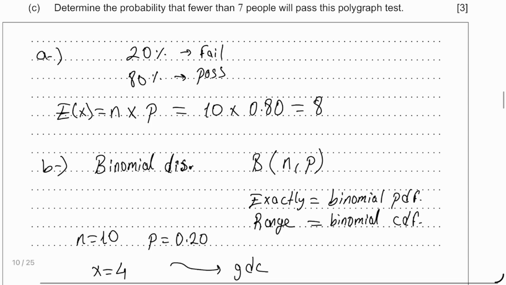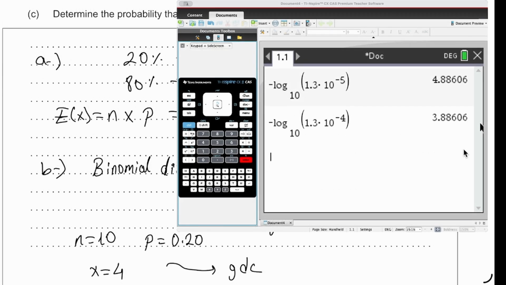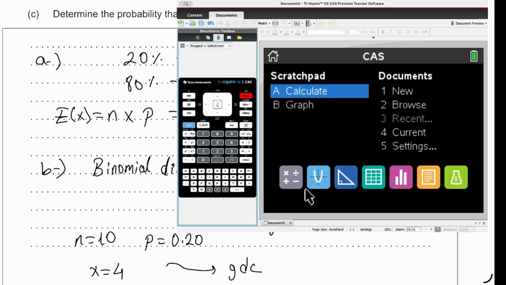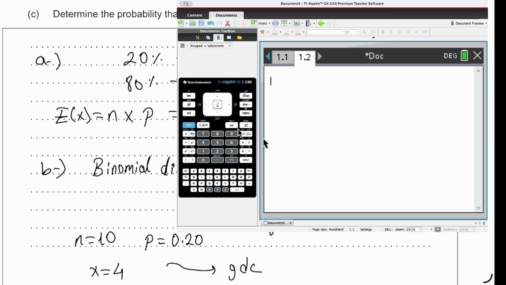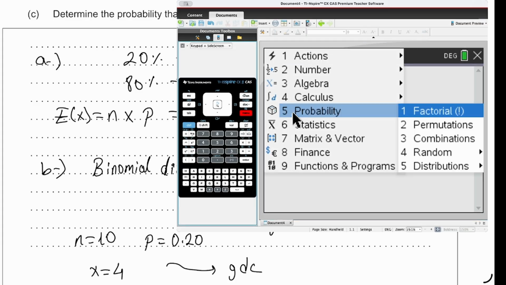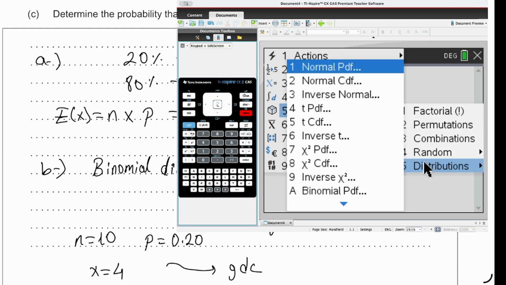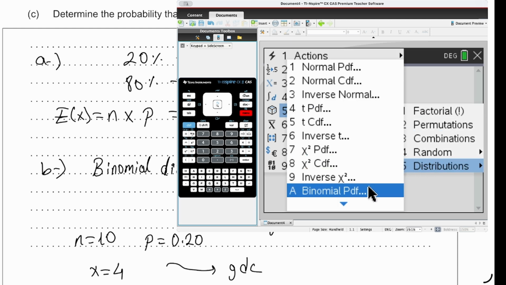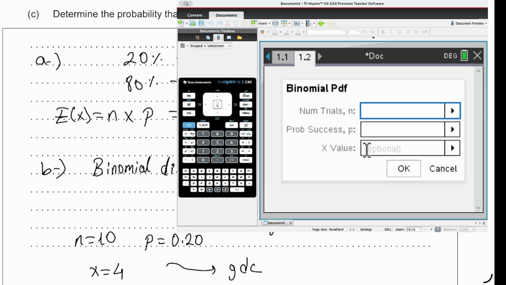So we're going to use our calculator right now. How can we use it? Guys, go to the calculate button here, then menu. This is the topic of probability and its distributions, and it's binomial PDF. Why? Because we have exactly one value. Number of trials 10. Probability of success is the probability of failing, 0.20. X value is exactly 4 people.